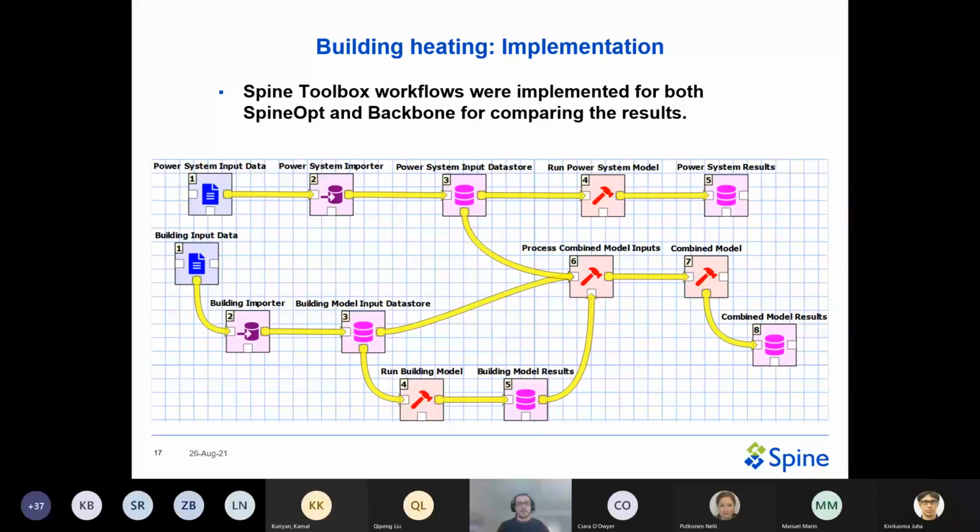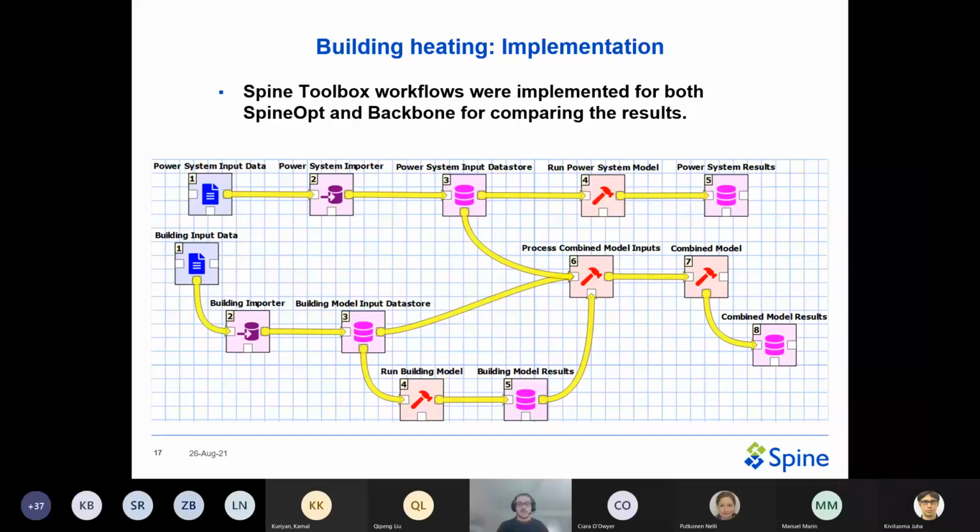In this case, when we were running the building model standalone, the only optimization the building model is doing on its own is minimizing the electricity consumption needed to keep the buildings at comfortable temperatures. So it's basically just minimizing the amount of energy needed to keep the buildings heated. And this result was used as a baseline for the combined model.